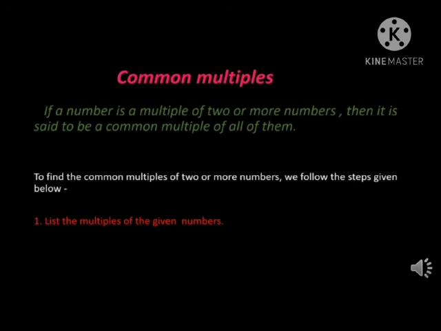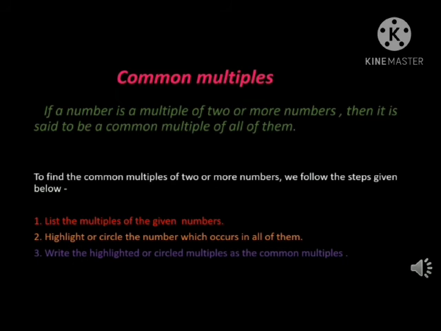First, list the multiples of the given numbers. Then, highlight or circle the number which occurs in all of them. And then, write the highlighted or circled multiples as the common multiples.